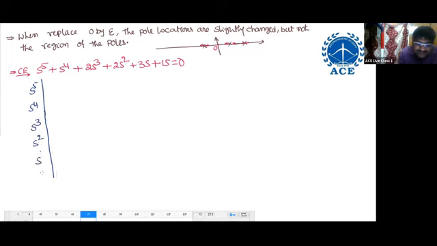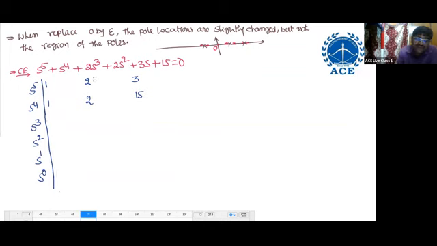Only 3-4 students are asking doubts, the remaining students never ask. First row: 1, 2, 3. Second row: 1, 2, 15. Come on, get the answer.